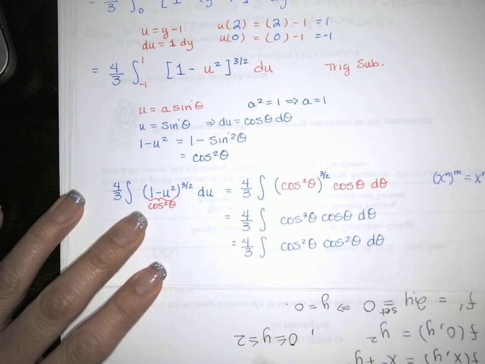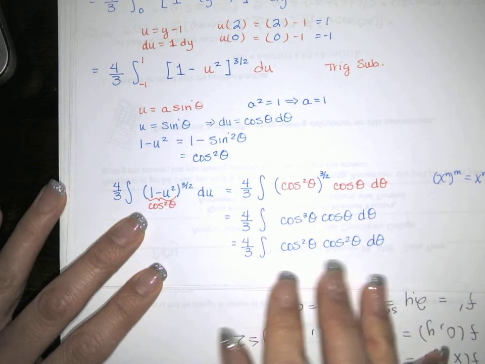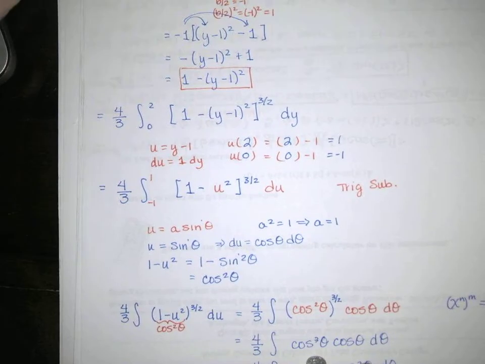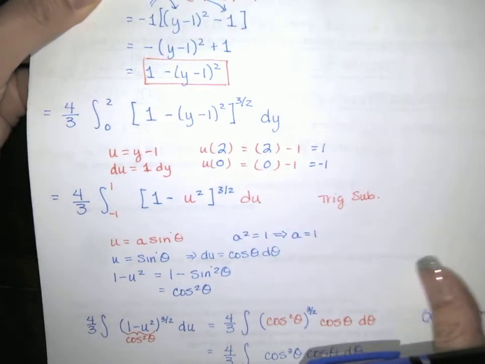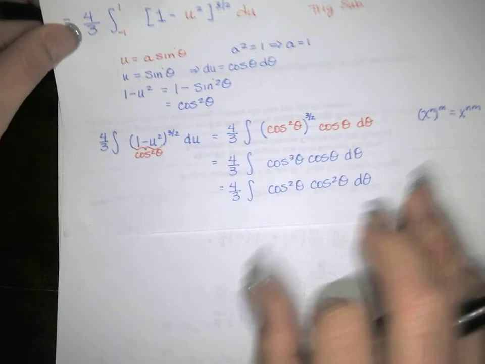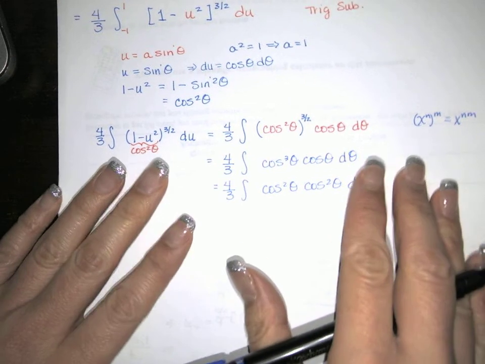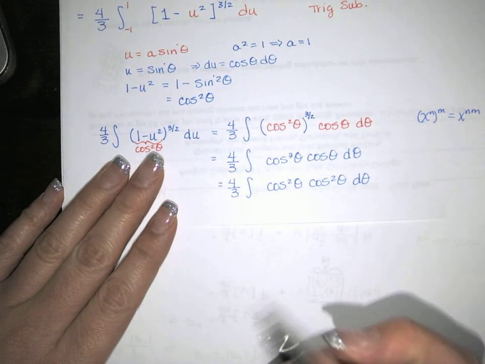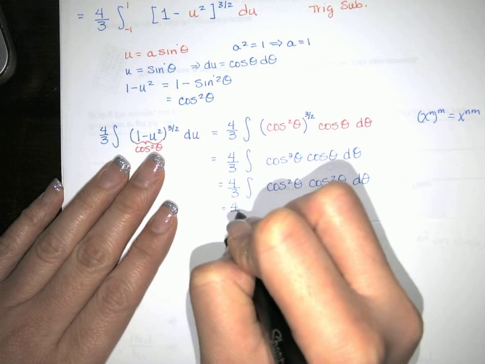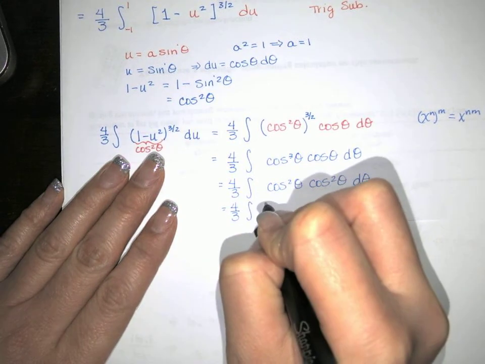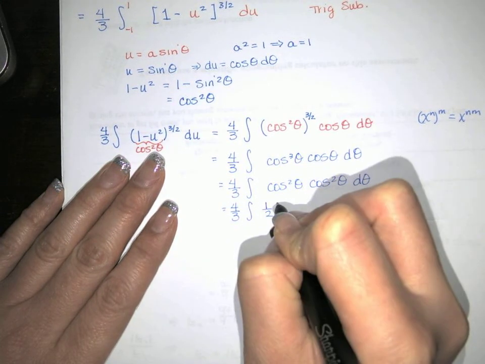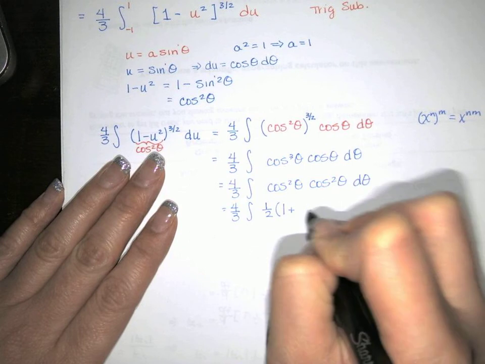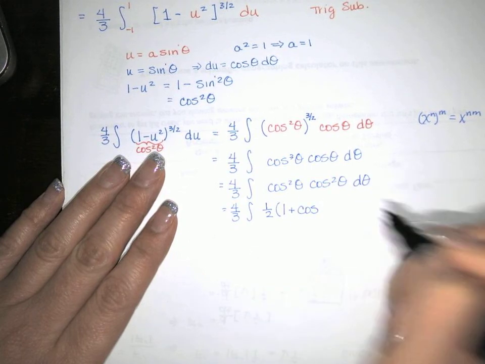Now the reason I did that is because we have a rule for our trig integration. If our sine or cosine is raised to an even power, they recommend that we use power reducing formulas. For each cosine squared, cosine squared turns out to be 1/2 of 1 plus cosine of double the angle.